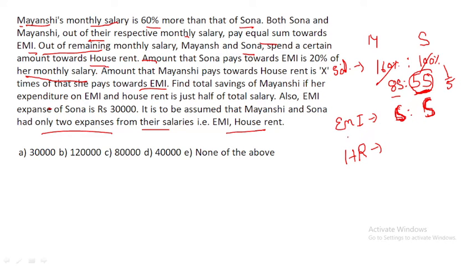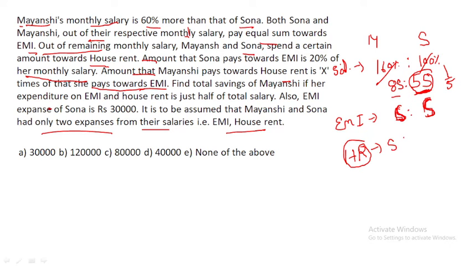Okay, fine. Now after this, what else is given? The amount that Mayanshi pays towards house rent is X times what she pays towards EMI. So she pays S amount on EMI, and house rent is X times the EMI.